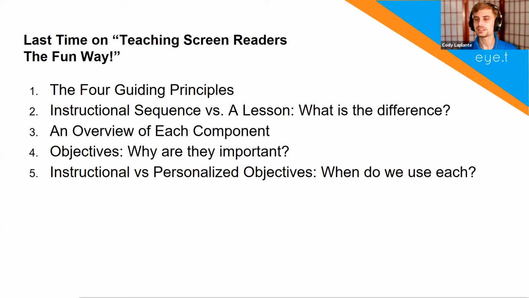Why? Because lessons require that the student, number one, is engaged in the lesson, right? In the instructional sequence I showed you, I'm just talking to you like a webinar. There's no engagement from my students, no engagement from my learner. I don't know if you've retained the information, right? That's number one.